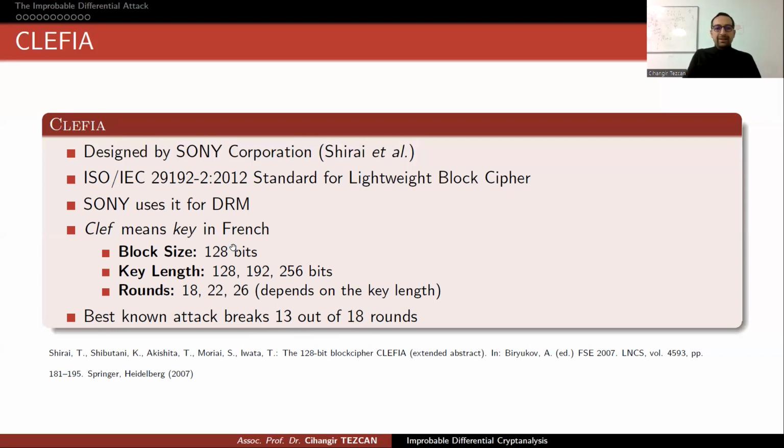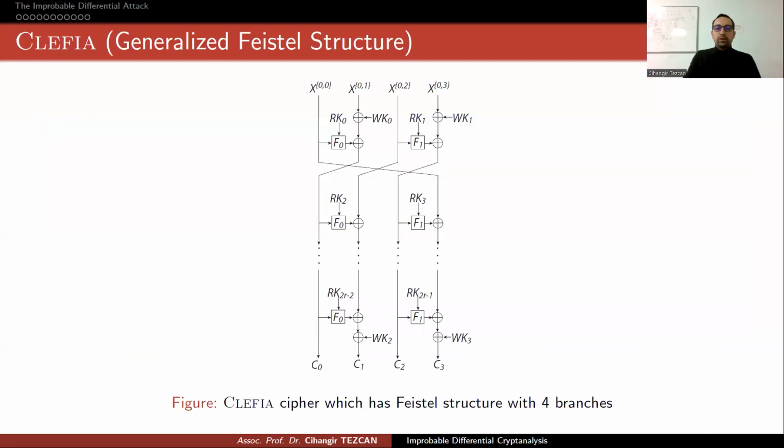As you can see, these parameters look a little bit similar to AES, but the main difference is that CLEFIA is a Feistel-type cipher, not an SPN cipher. So the picture is simple. In DES-like ciphers, we had 2 lanes. Now we have 4 lanes because the block size is 128 bits.